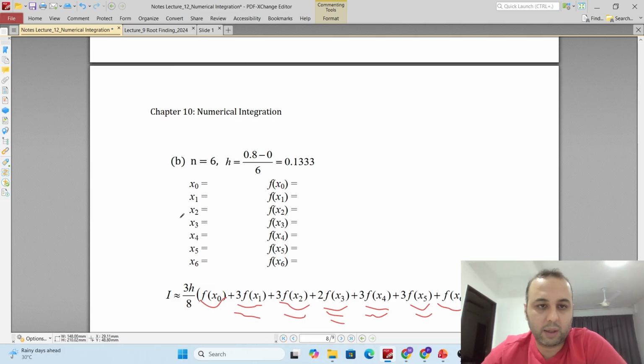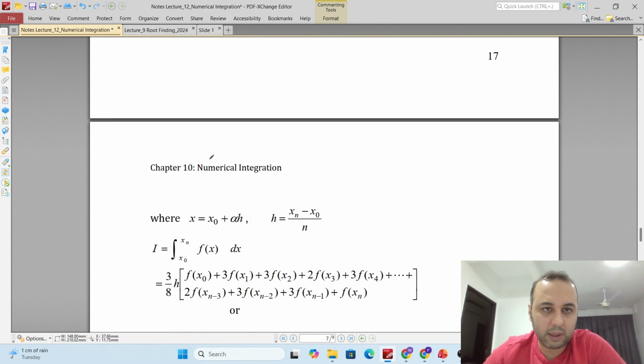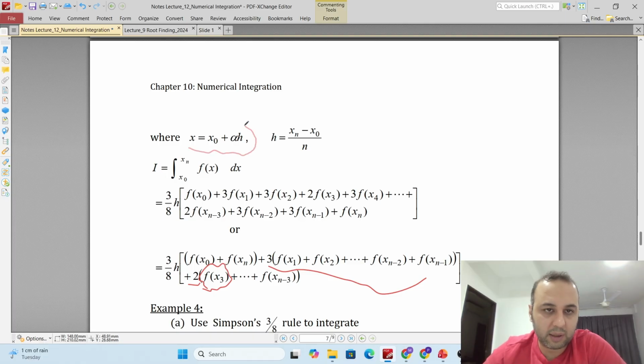Okay, for the h also, as we discussed before, in the n segments, in this case, is 6 segments. So we apply the formula and we got the step of 0.1. Okay, if we apply the step of 0.1, we will have, as you can see, here is mentioned the main formula.